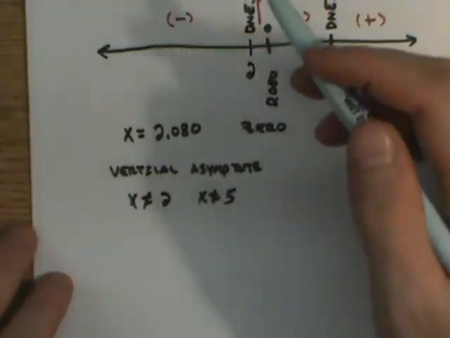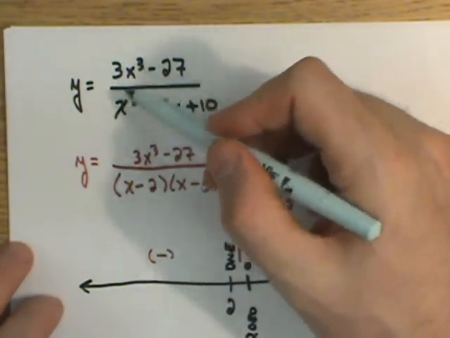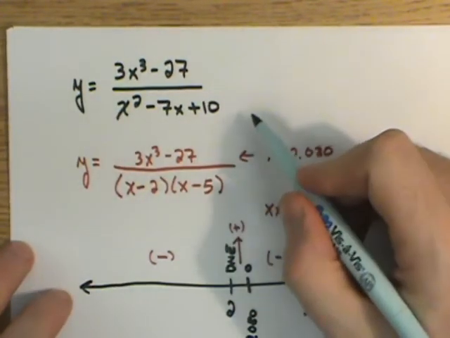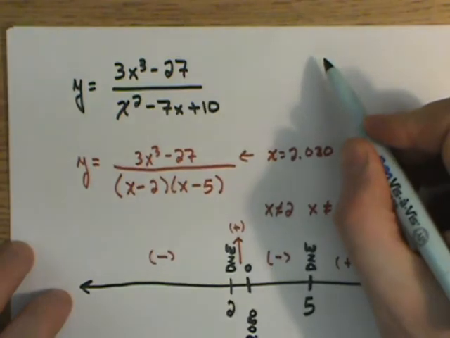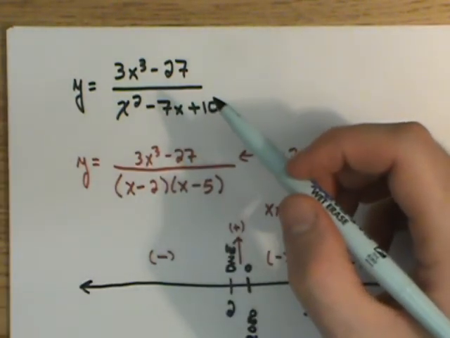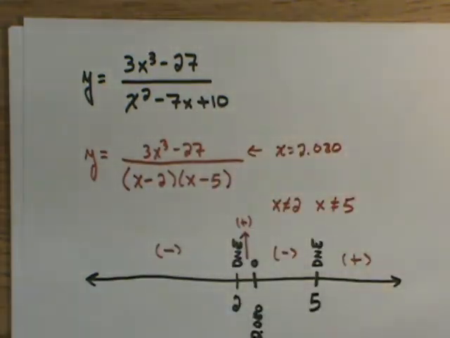And then if I were to look at the ratio of leading terms here, the ratio of leading terms would be 3x over x, which implies that I would have a slant asymptote. To find the actual slant asymptote, I'll ask that in a later question, you would divide this out to find the real slant asymptote.